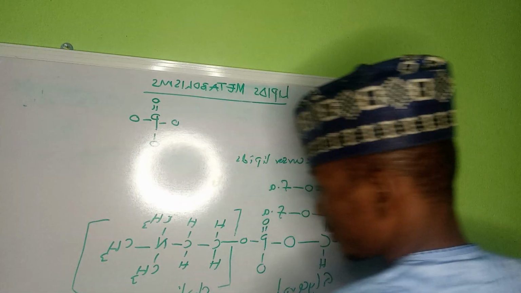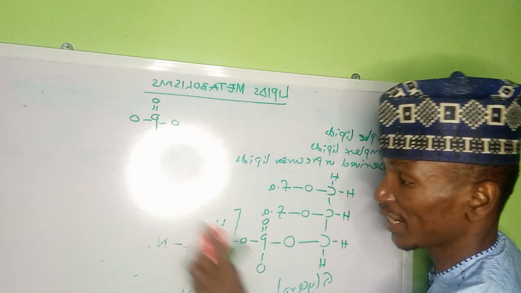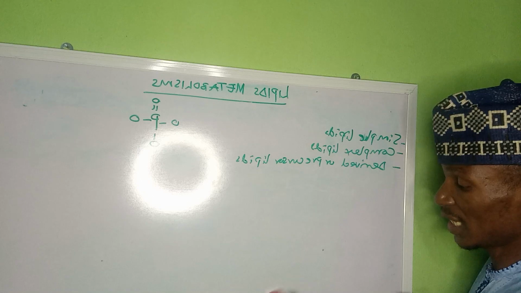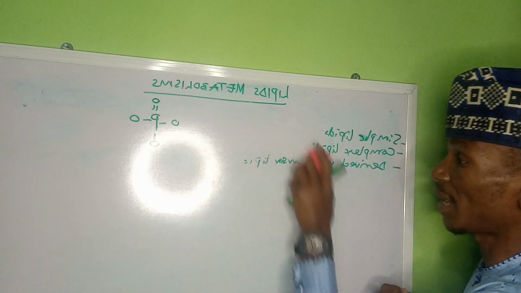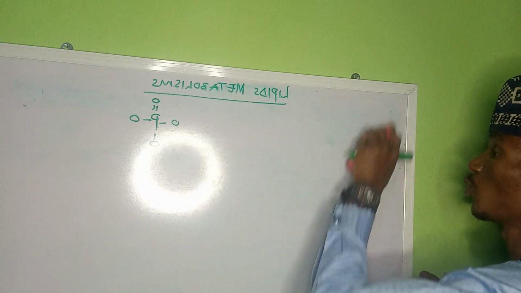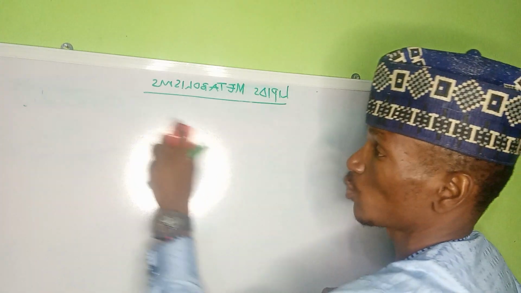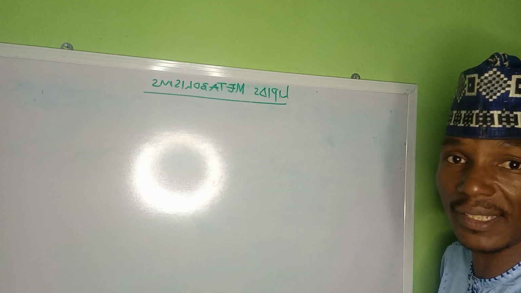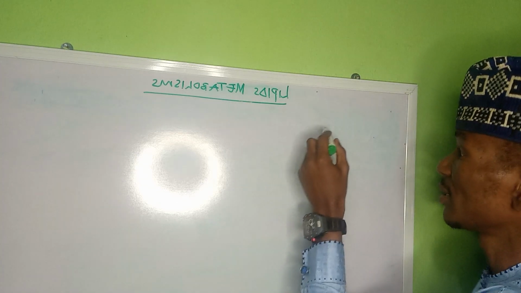For example, let us look at the chemistry of this fatty acid as a common example so that we should be able to distinguish the difference between saturated fatty acid and unsaturated fatty acid.